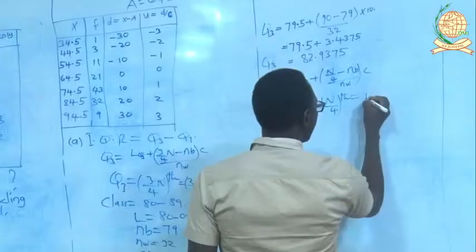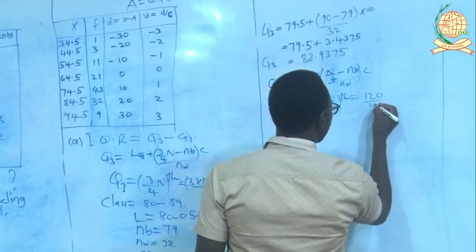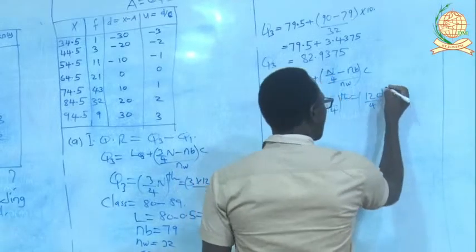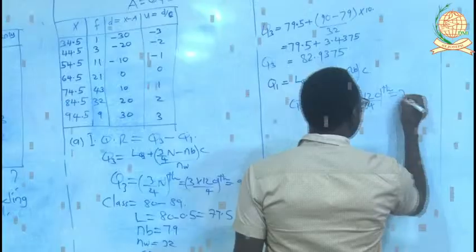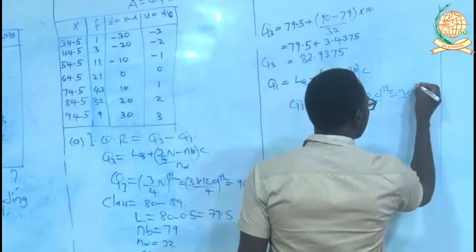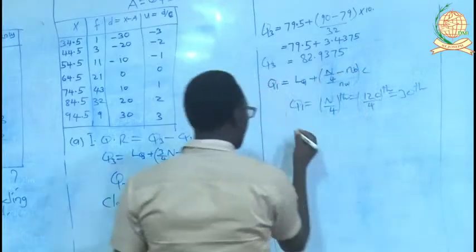Total number of frequencies, N, is 120, divided by 4, which is 30.